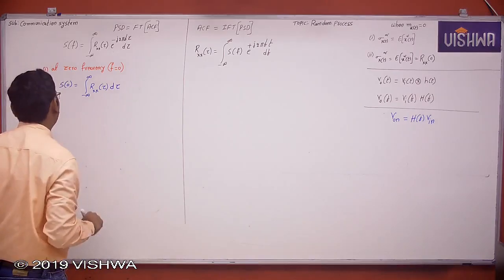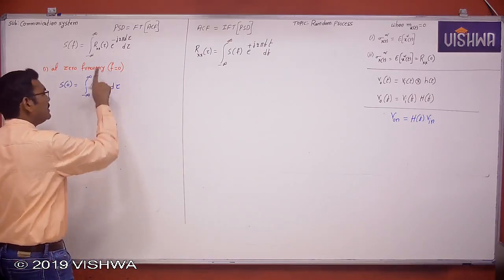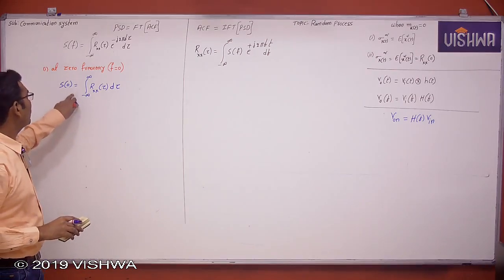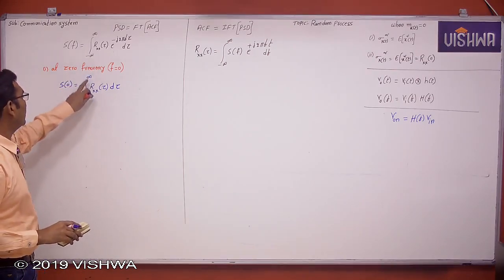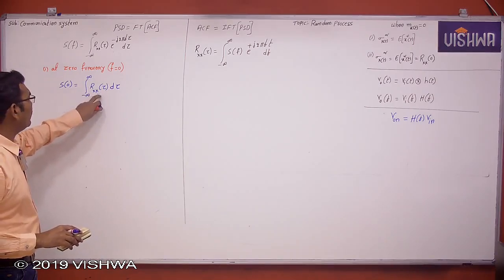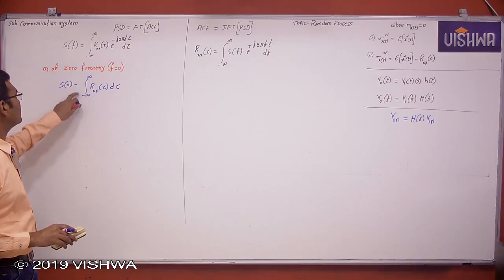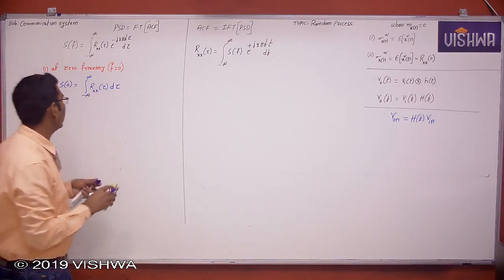What is the meaning of that? At zero frequency, or at DC, the power spectral density at zero frequency is nothing but the area under the autocorrelation function. Is it right or not? The power spectral density at zero frequency is the area under the autocorrelation function.